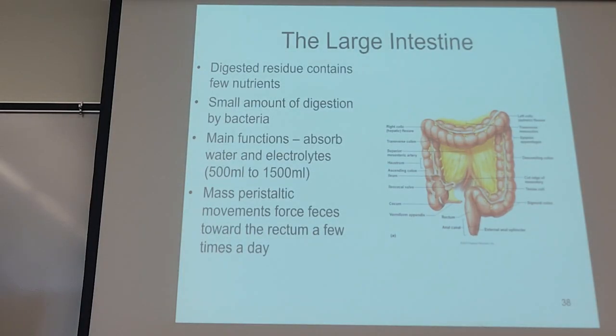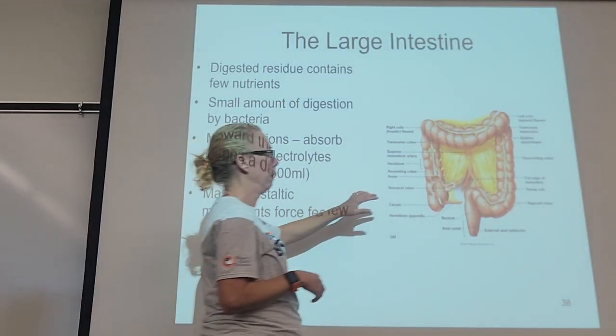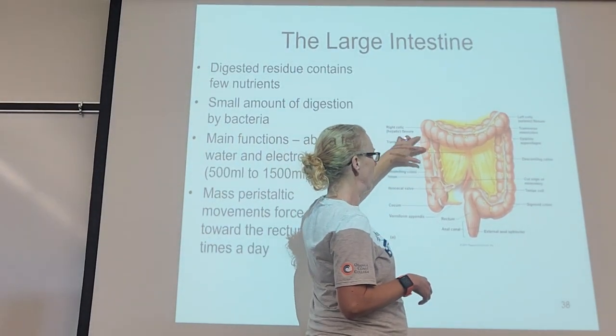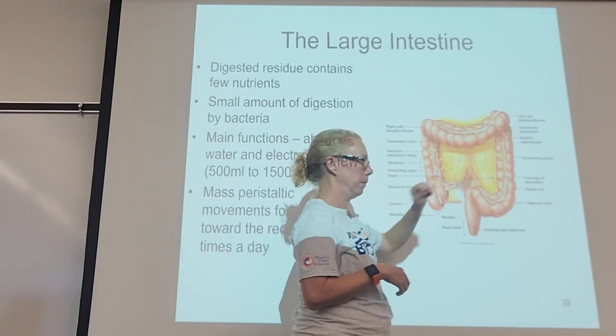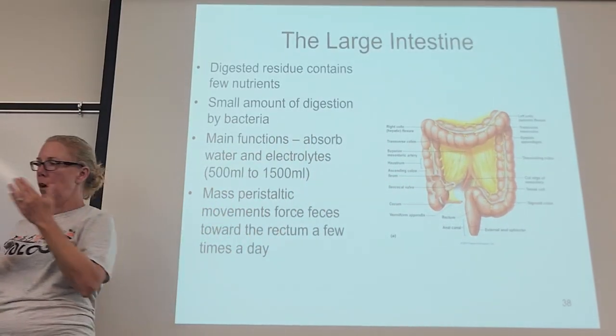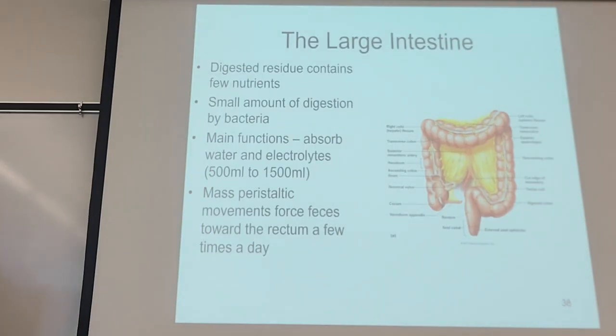That's why you have these individual containers that you identified as what? Each one of these is a haustrum. That helps move product from haustrum to haustrum, because you've got to go against gravity up the ascending colon.